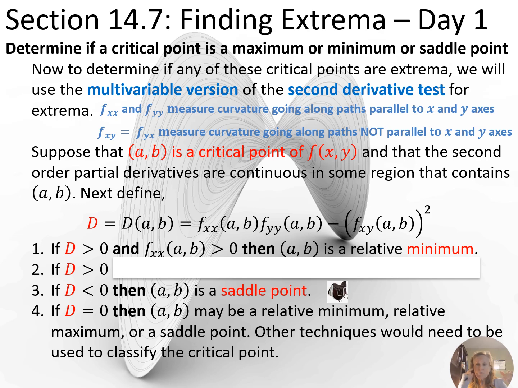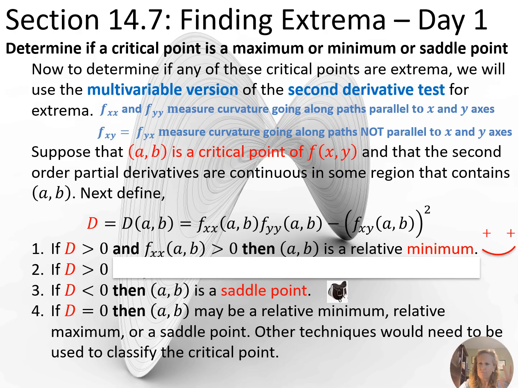If the second derivative overall formula is positive, and also the pure fxx is positive, then I have a minimum. So I think about this phrase: D was positive, fxx was positive. I have a smile, and a smile is concave up. I have a minimum.